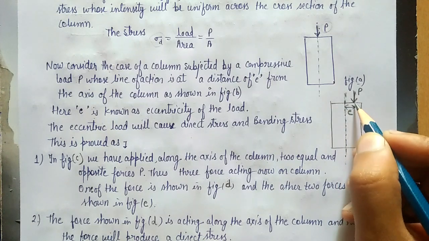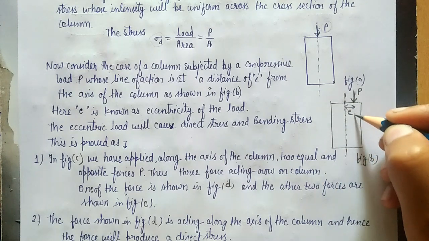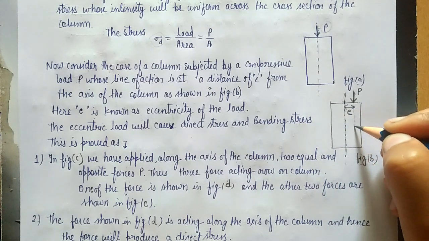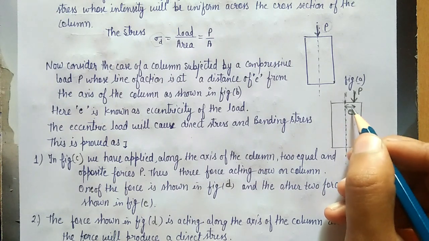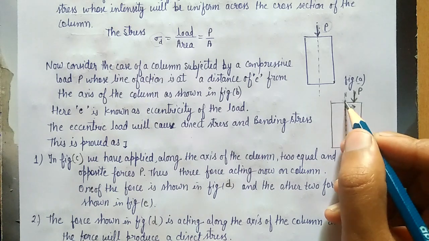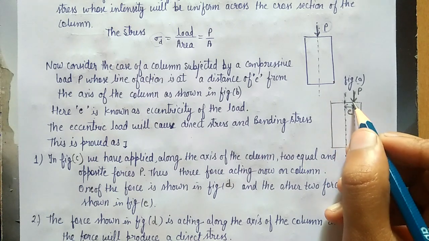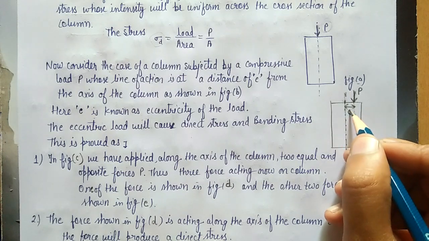That means here the load is not along the axis of the column. The line of action of the load is at distance E. Here E is known as eccentricity, that means how much the load is deviated from the axis of the column.